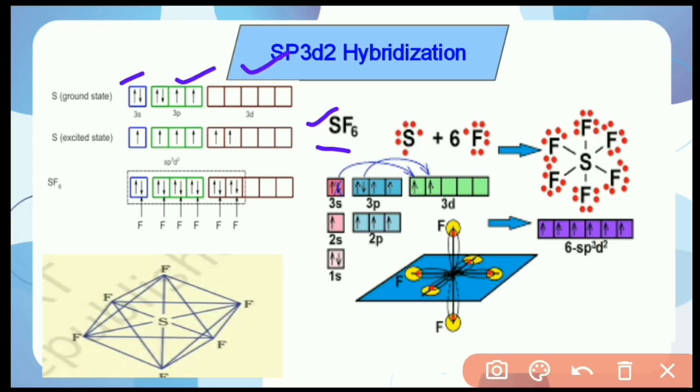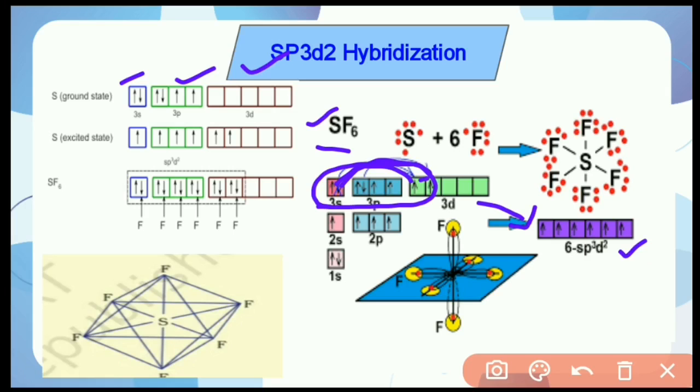So here only 2 orbitals are half filled. In that condition, sulfur is not able to form 6 bonds with fluorine. So electrons go to a higher energy level and jump into d orbitals, and these 6 orbitals, 1s, 3p and 2d orbitals, intermix and make 6 new hybrid orbitals.